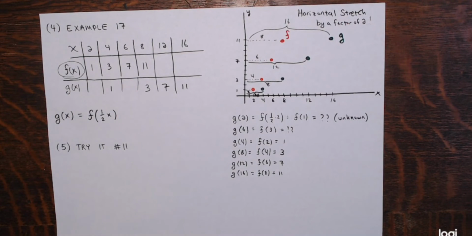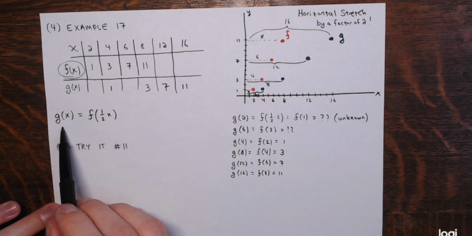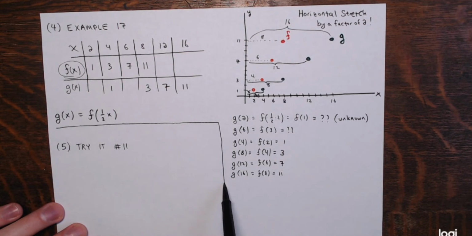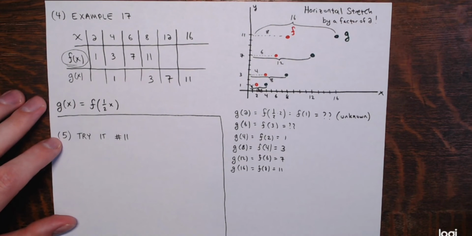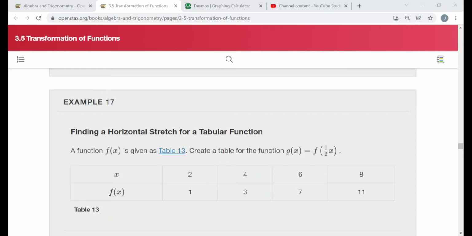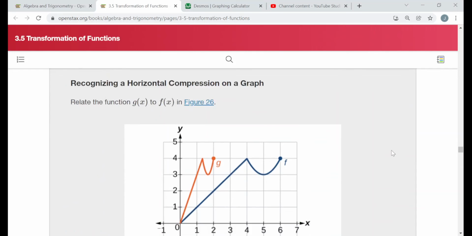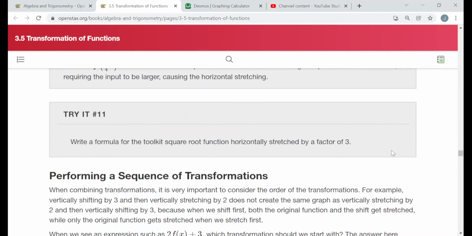Okay, so, next example. Try it number 11 from the text. Let's take a look at that. So example 18, try it 11.